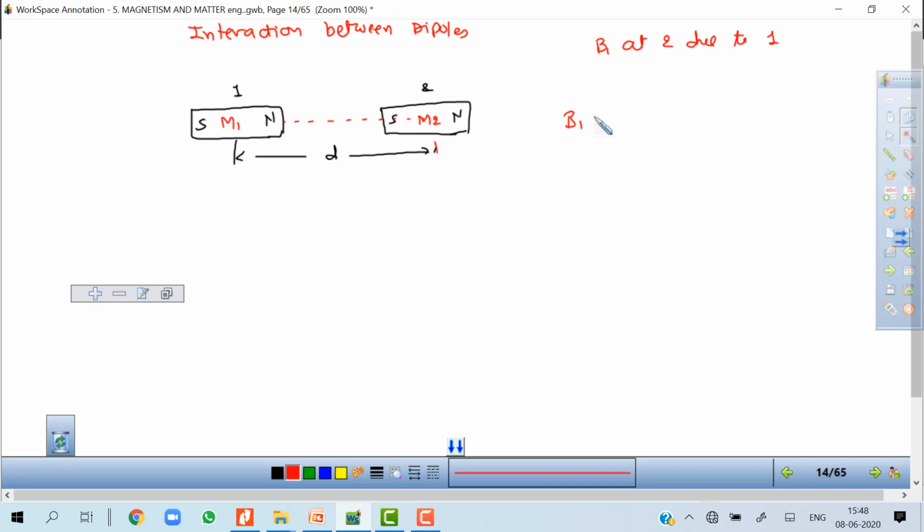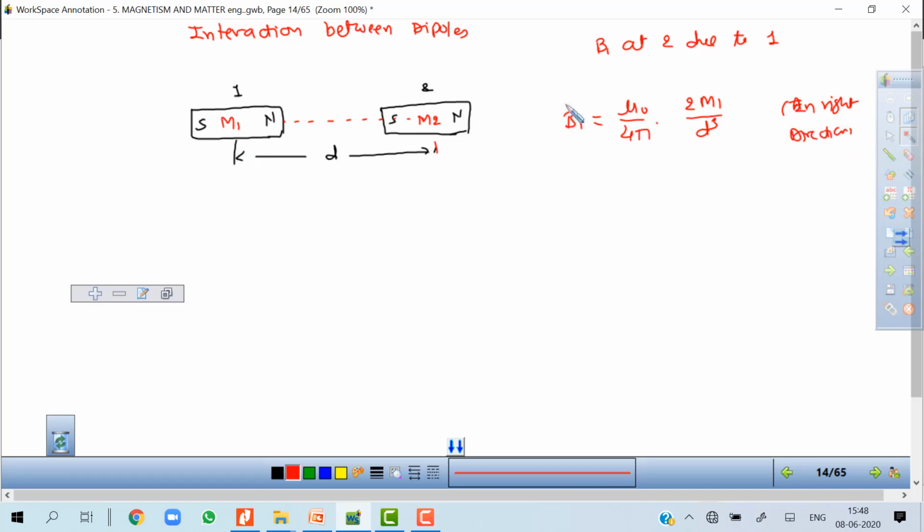So b1 is equal to mu 0 upon 4 pi times 2 m1 upon d cubed. We neglect the length of the magnet compared to d, and this will be in the right direction, because the direction is south to north.